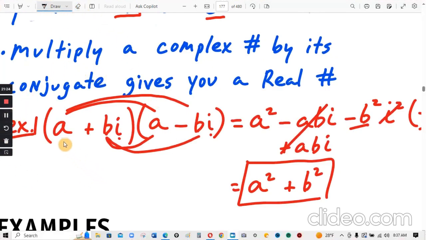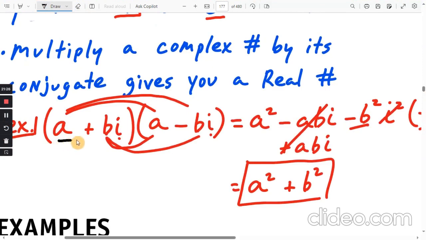If you start with a plus bi and you multiply by its complex conjugate a minus bi, the result is going to be a squared plus b squared. So you just take the a and square it. That's the real part. And you take the constant term that's with the i, that's b in this case, and you square that and you add them. You'll see in the examples this will always work.